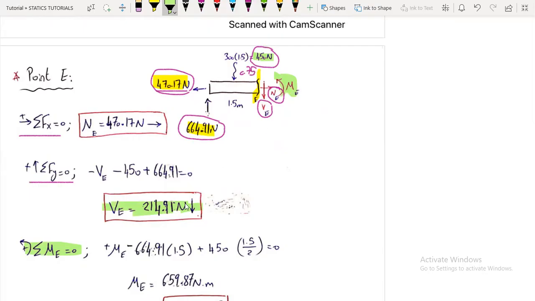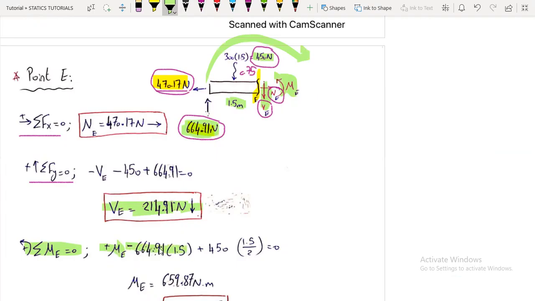So positive ME, because it's acting counterclockwise, these forces will not be included because they are passing through point E. We have this force, okay, which is 664.91 multiplied by the distance, which is 1.5, and since it's acting clockwise, it is negative.